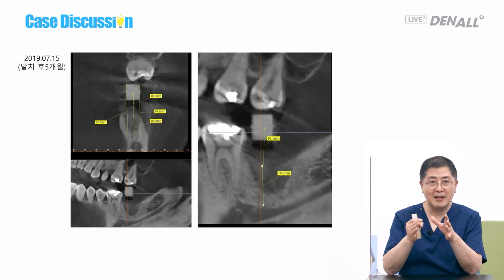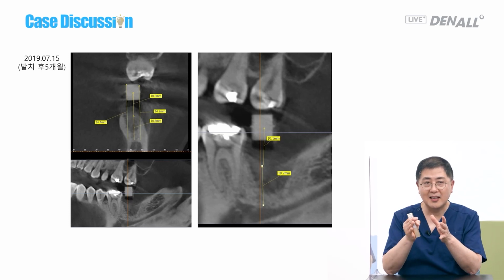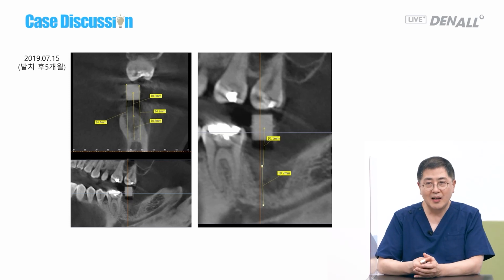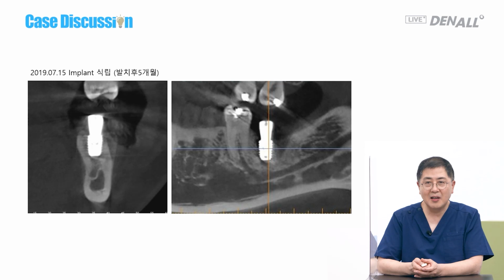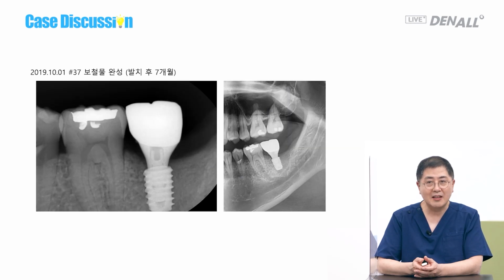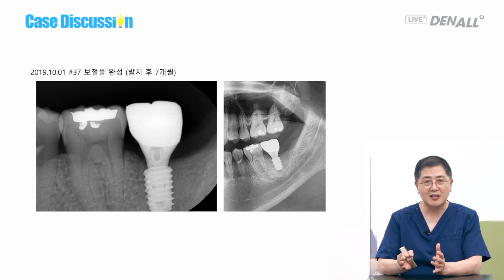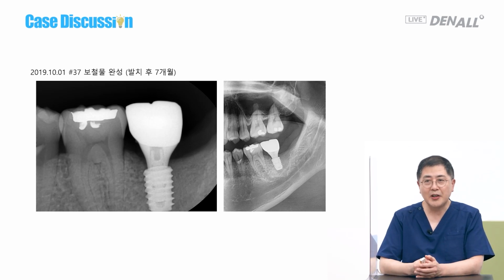Compared to natural tooth, the bone is visually placed in the extraction socket, so implant was placed in that direction. It was a young patient, so osseointegration was achieved. So this is prosthesis completed 7 months post-op.